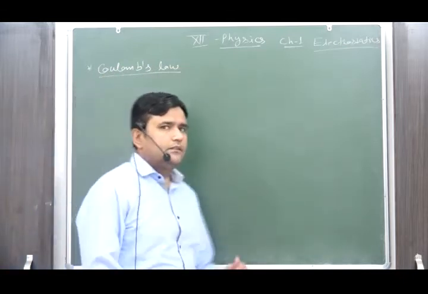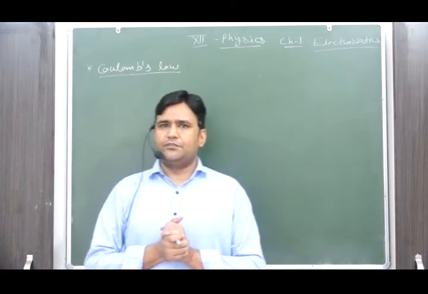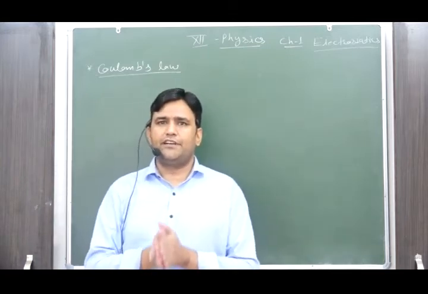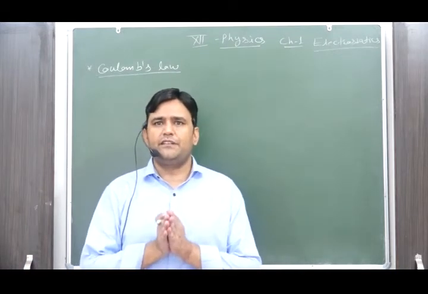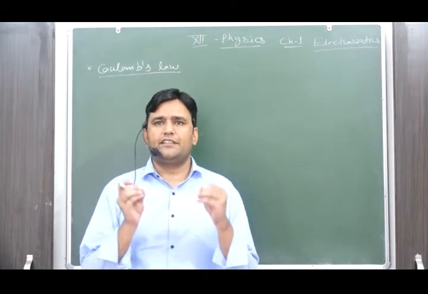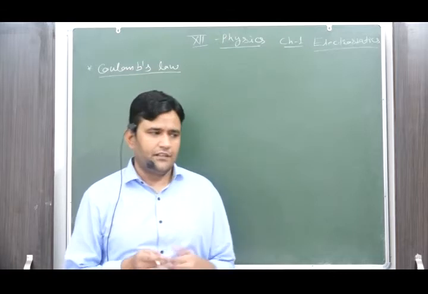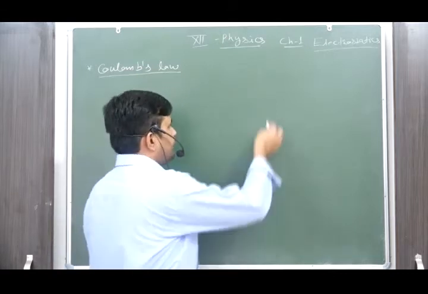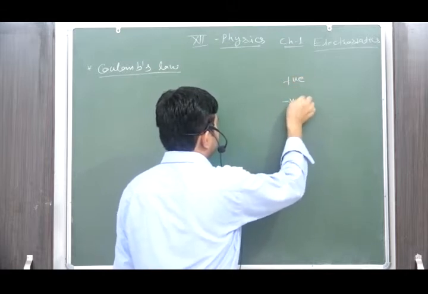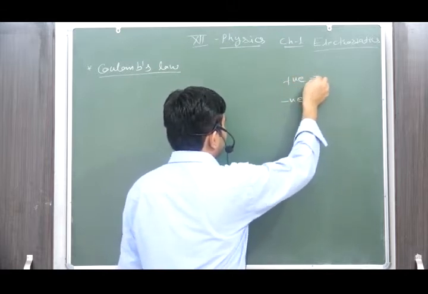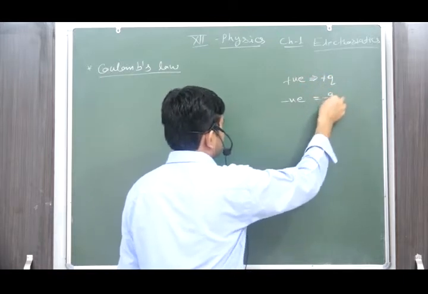First, in the last class we discussed the two different types of charges, positive and negative charges. Here we consider an arrangement where two charges are placed at a particular distance. One is positive, another is negative. I am writing plus q and minus q.